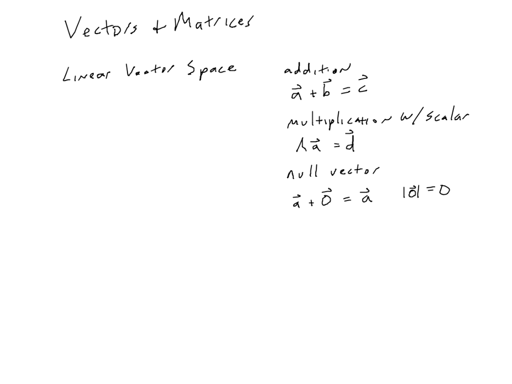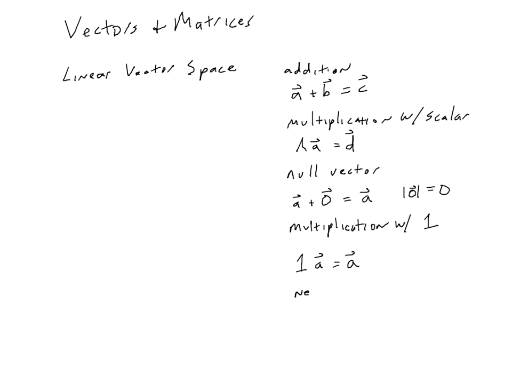So it's not the same thing as just a vector made up of zeros. You also have multiplication by a unit term. If you take 1 and multiply it by a vector, you get back a vector.